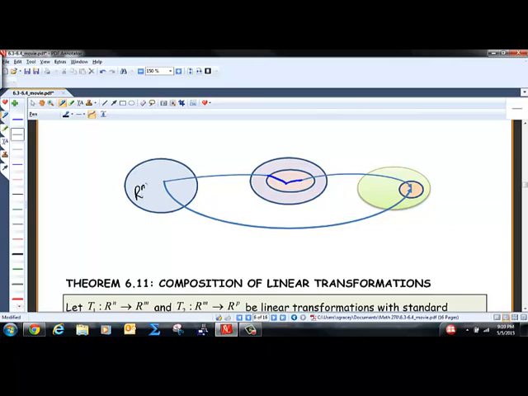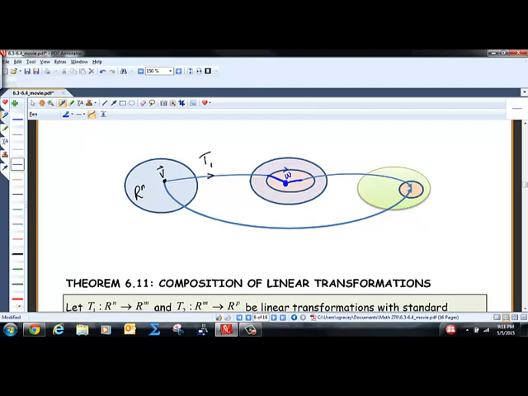And this right here is a vector v that is part of Rn. Now, this first linear transformation, call it T1, is mapping this vector v. So you have the image under this first linear transformation is the vector w. All right?